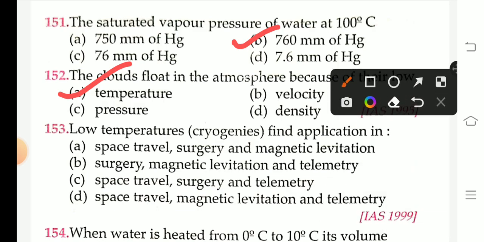Next, low temperatures, cryogenics find applications in, right answer will be option A, space travel, surgery and magnetic levitation.